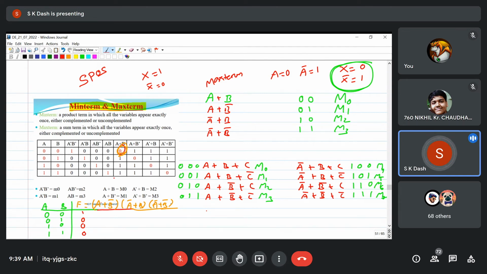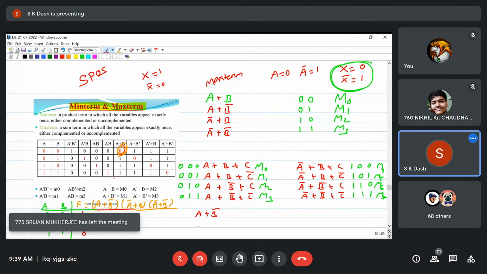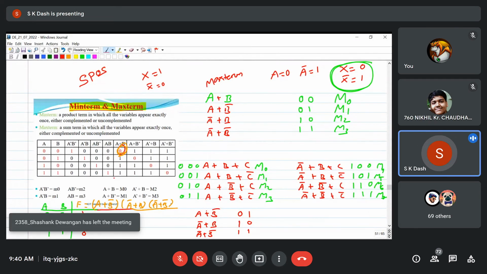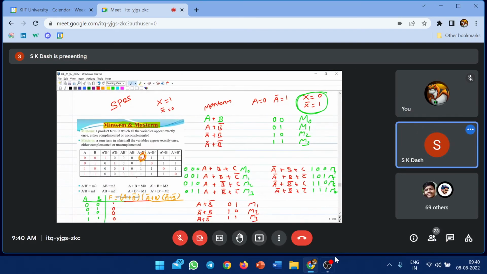Why? Let me write it here: a plus b bar, a bar plus b, a bar plus b bar. A plus b bar means 0 1. A bar plus b is 1 0. A bar plus b bar is 1 1. So this will be m1, m2, m3.